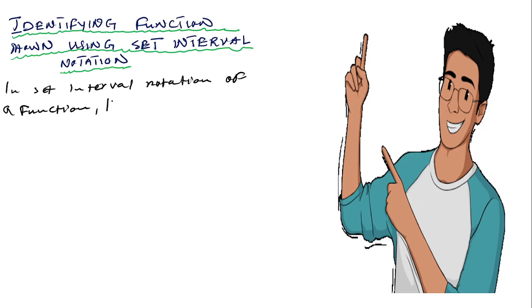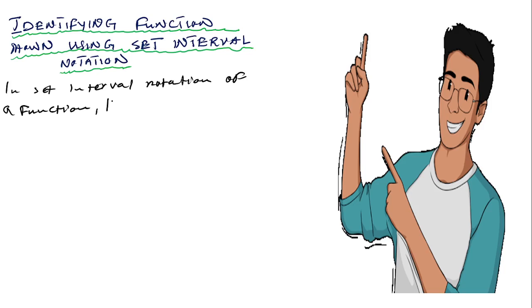Follow me well. In this case, this is what it means. This A stands for what? For domain. And this B stands for what? For range. A stands for domain. B stands for range. Okay?